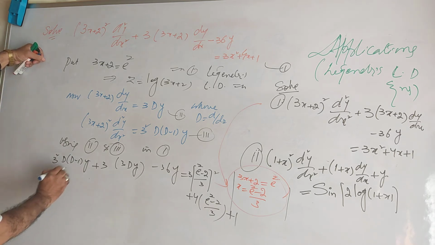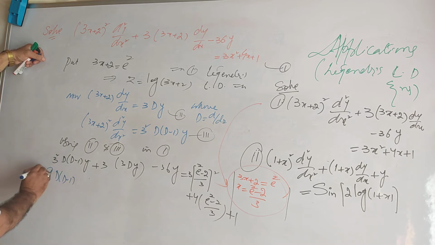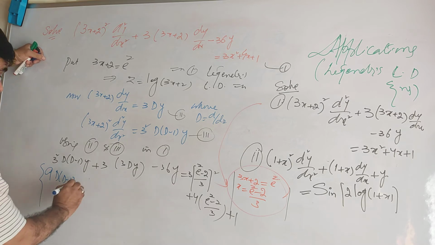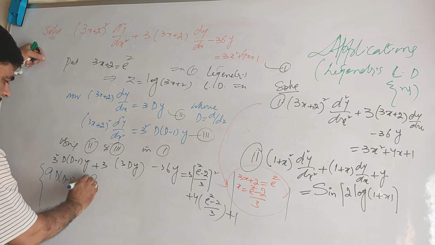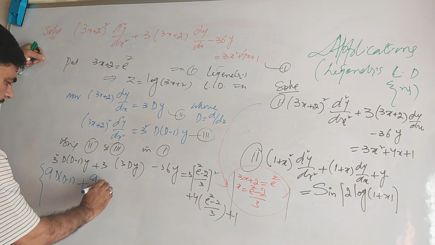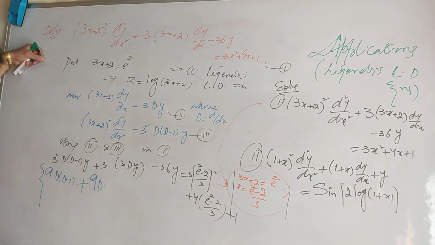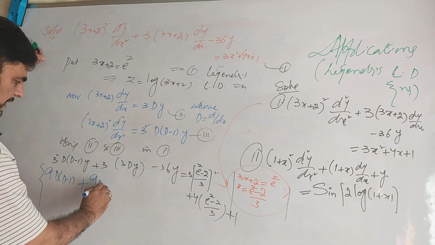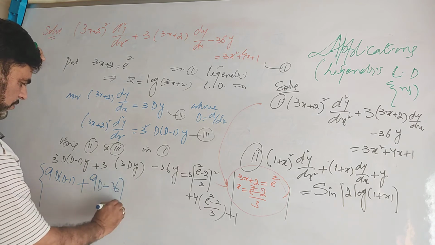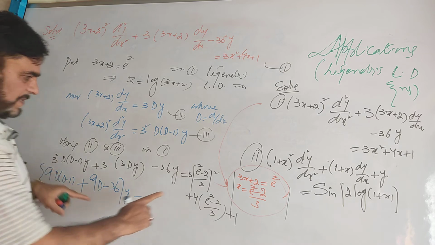Well, you can take this common. It is 9D(D minus 1) plus 9D, and y I will take common, minus 36 into y. Let me simplify this.